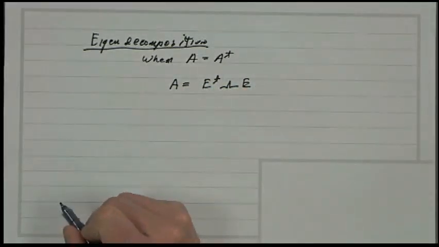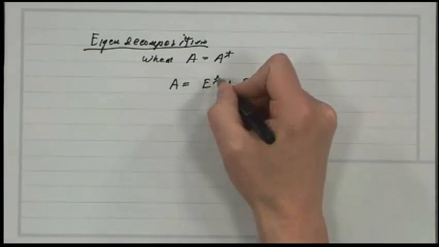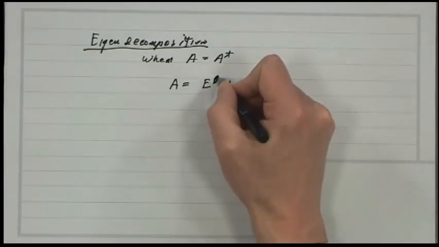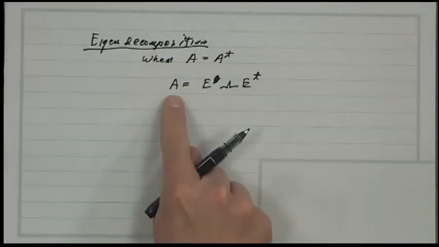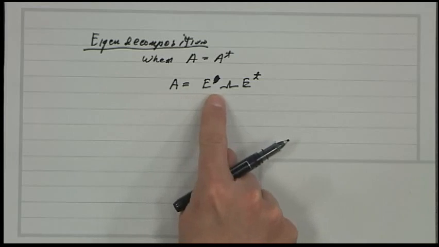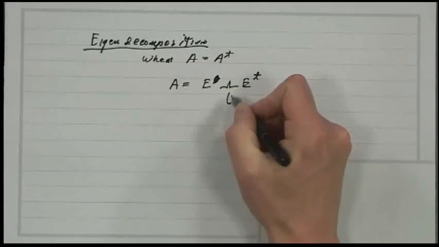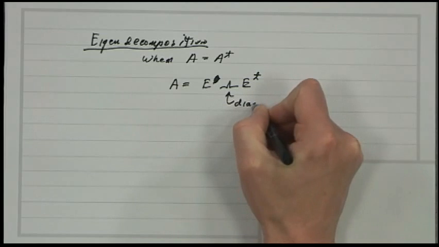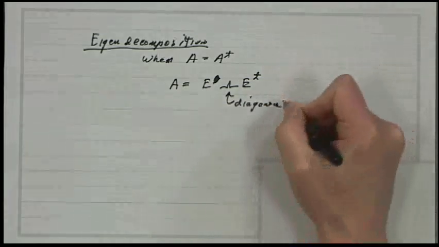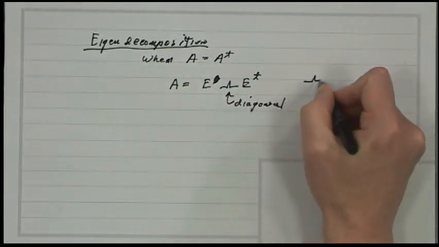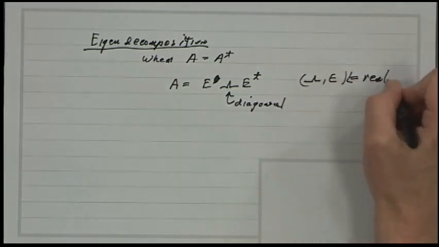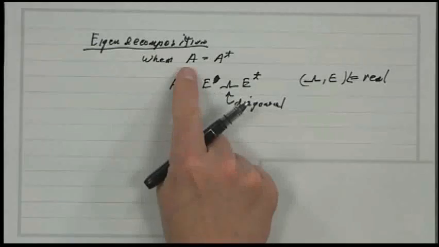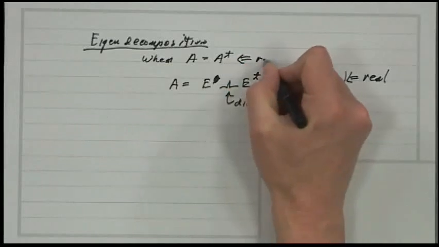Hold on, I got that backwards. I put the transpose in the wrong place. So the eigen decomposition of A is E lambda E transpose, where lambda is diagonal, and lambda and E are both real.